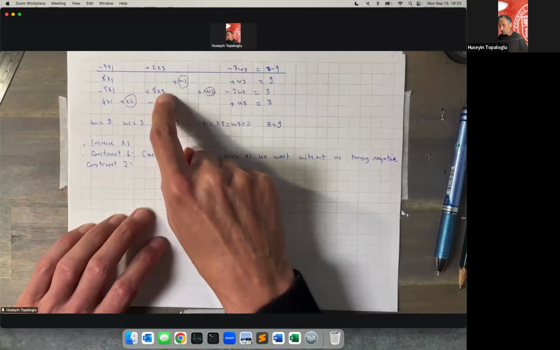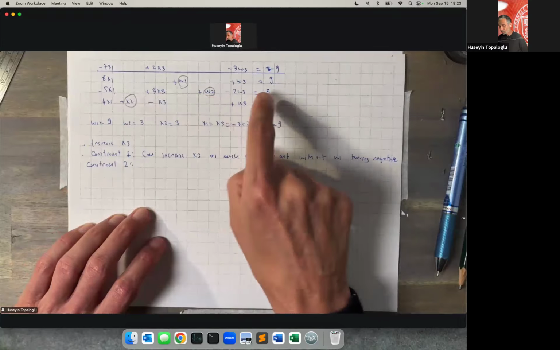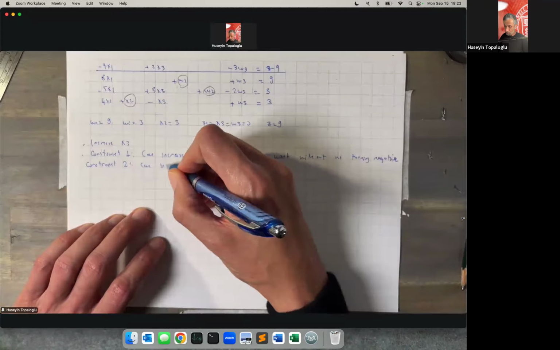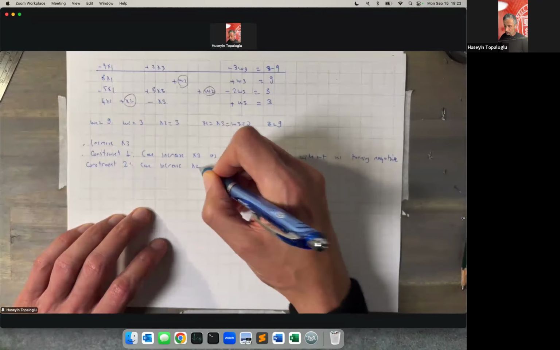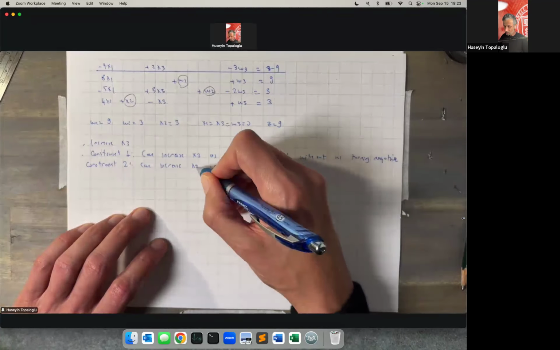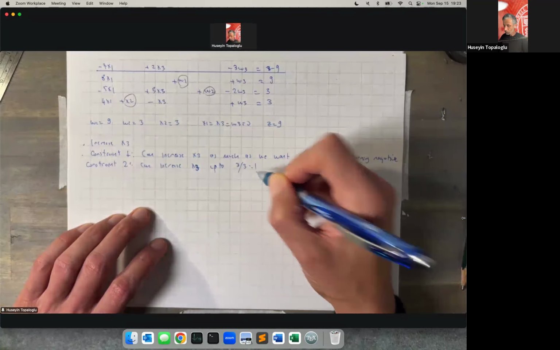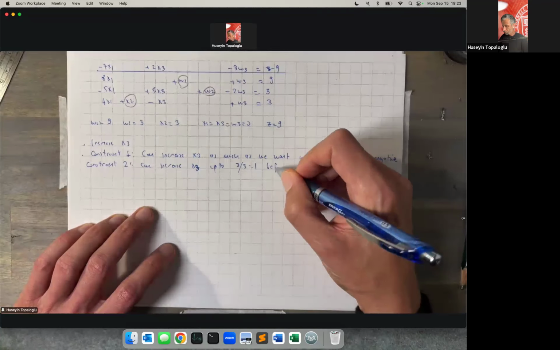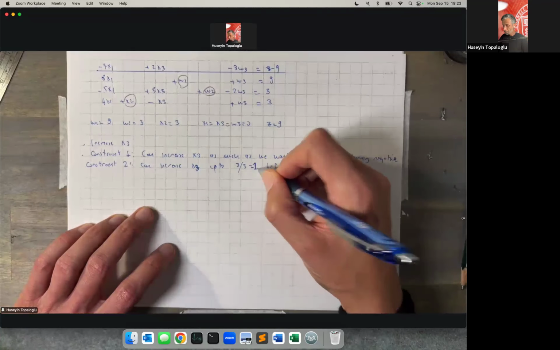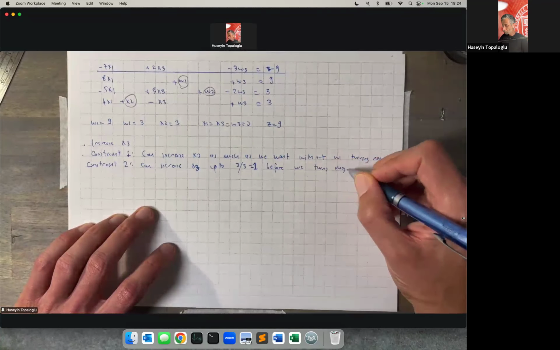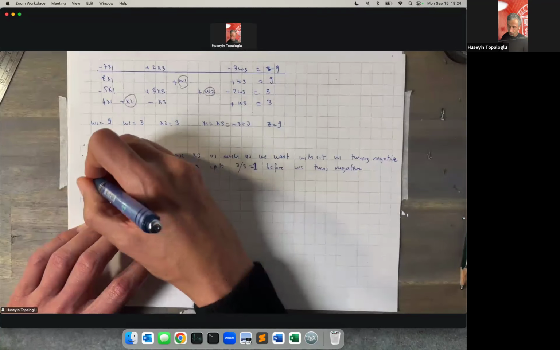So the largest I can increase x3 before W2 turns negative is 3 over 3, that's a 1. So from the second constraint, we can increase x3 up to 3/3, which is 1, before W2 turns negative.